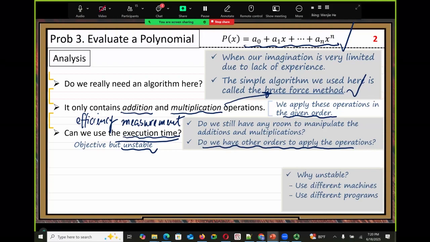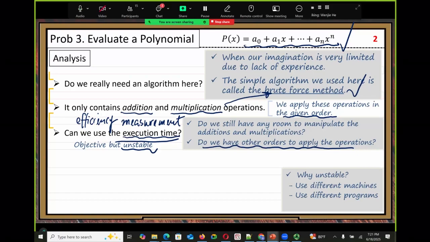Experienced programmers know how to manage the resources efficiently to make the program run faster. Beginner programmers do not have a lot of experience, so their implementations are usually slower. So even from the software point of view, this measure is also unstable.